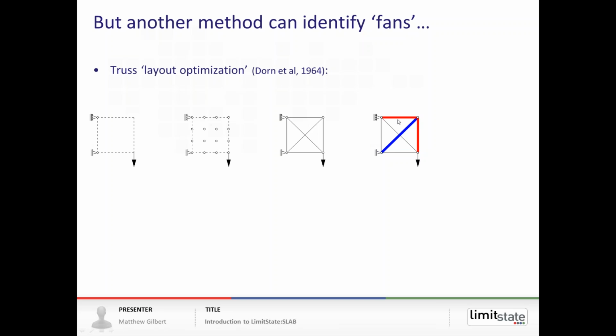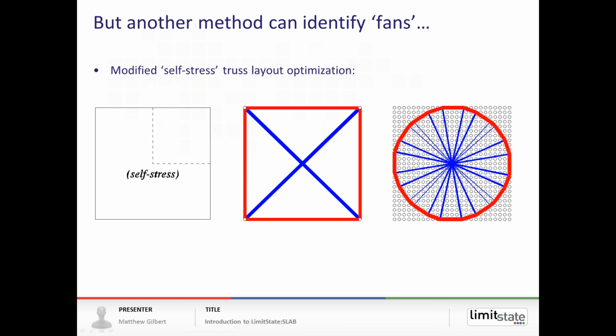If we have very few nodes, we end up with very simple geometries. If we have more nodes, then we can end up with more complex geometries. So the arrangement of truss bars at the right hand side is clearly a fan type arrangement.